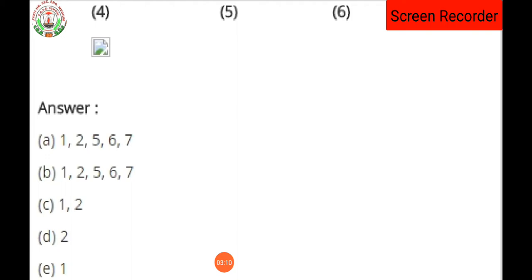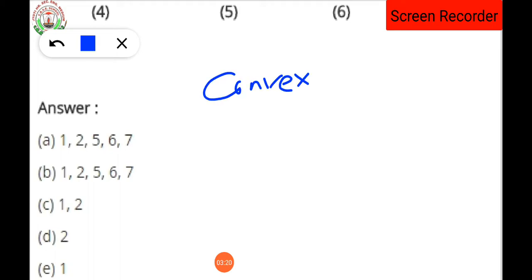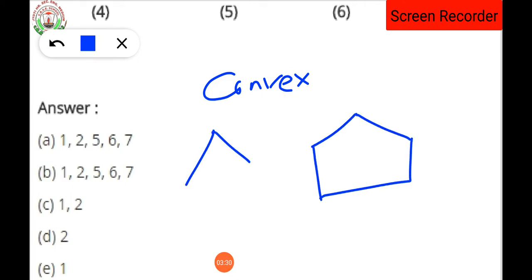Next one is convex polygon. This definition also I had given. So in this convex polygon, what do you mean, its interior angles, suppose we are talking about a pentagon or a triangle.